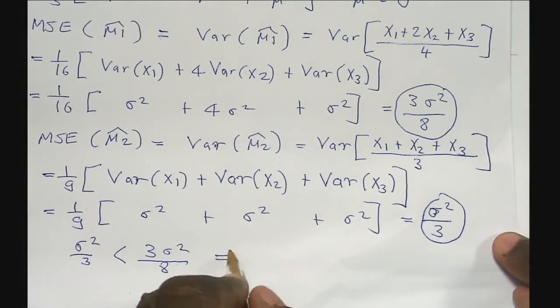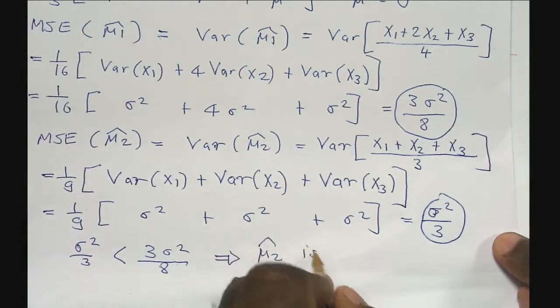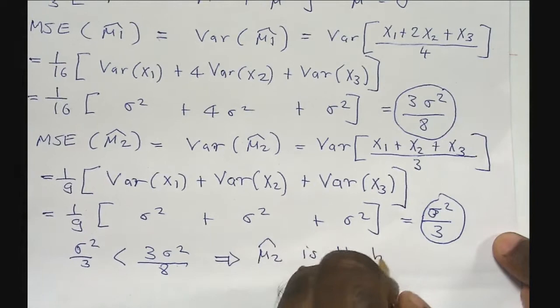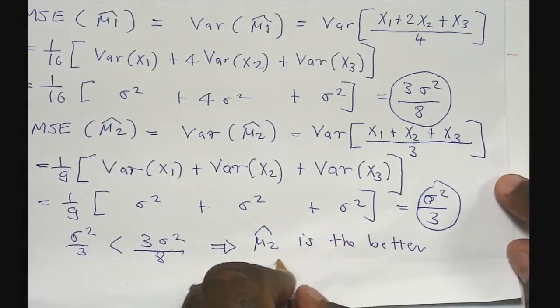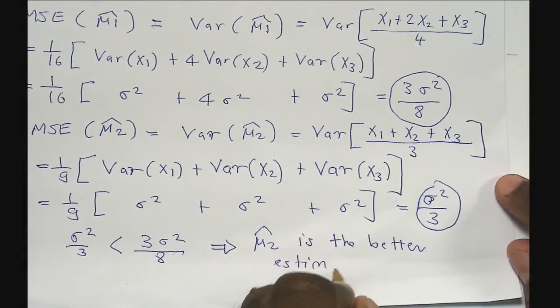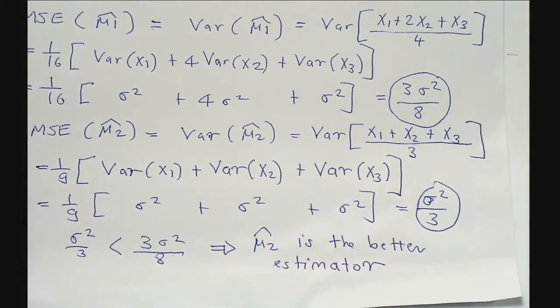And therefore, mu2 hat is the better estimator. Is that clear, guys? I know most of you have done this anyway, so I just wanted to do it.